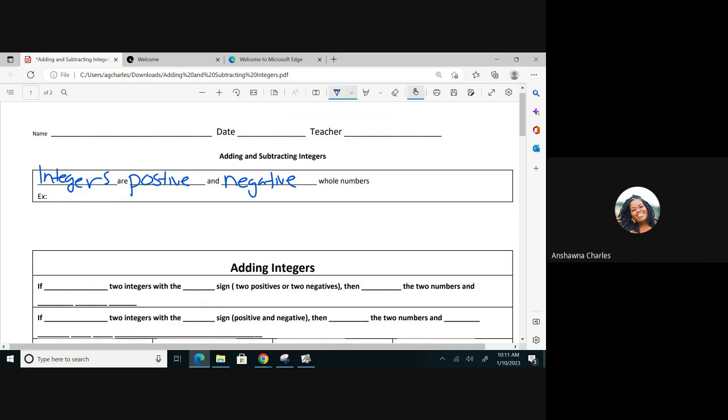So positive and negative whole numbers. Give me an example of that. -3 is an example. What's another example? +5. Give me 2 more examples. -10. 6. Would 0 be an example? No, because it's not positive or negative. Okay. So it'd be a positive and negative whole number.